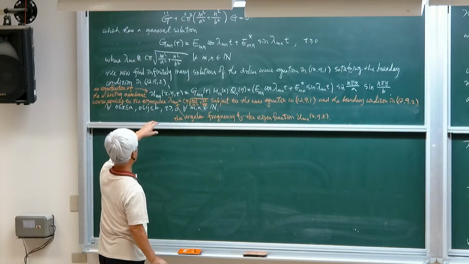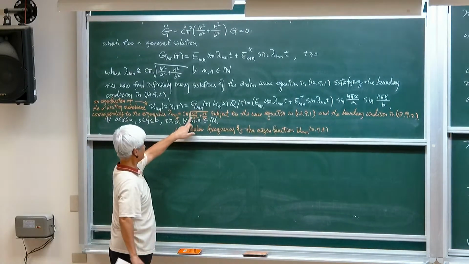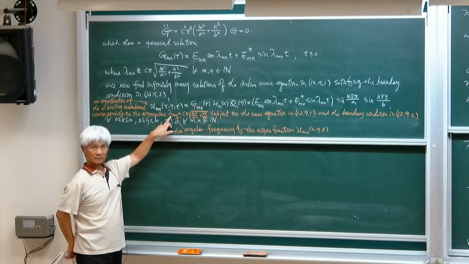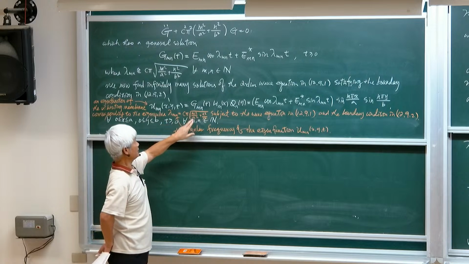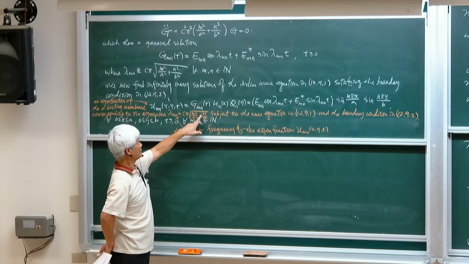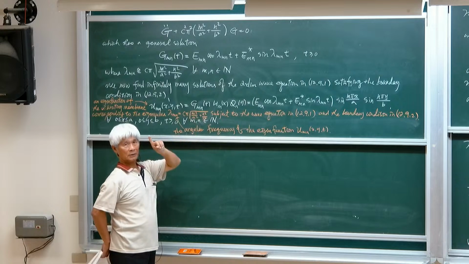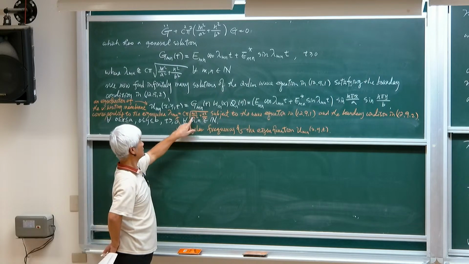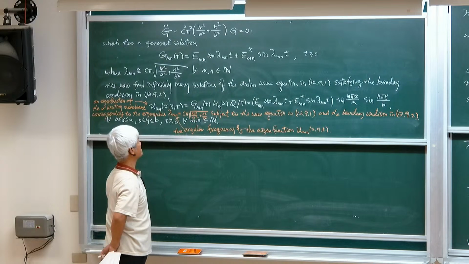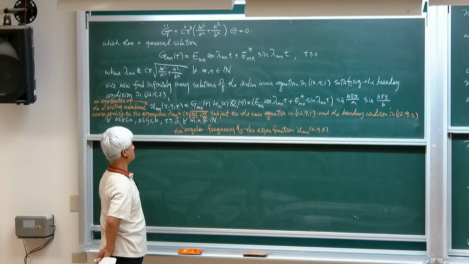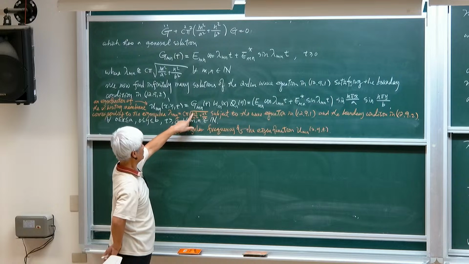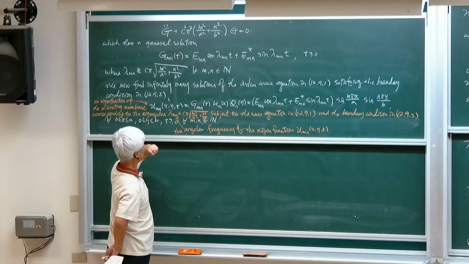It's possible that we may have a different combination of m and n with the same lambda, okay? Because you have two parameters here, right? For example, n equal to 1 and m equal to 2, the other is m.